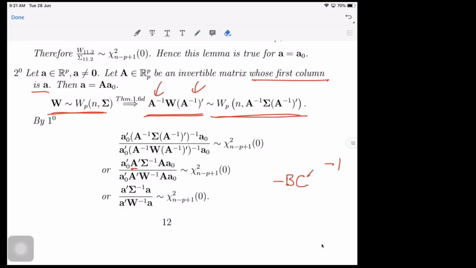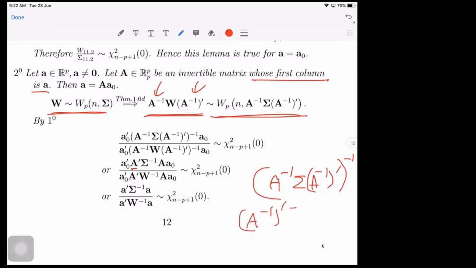But can we do this? Do you have a result something like that? Siya A inverse sigma A inverse prime. Common imong pag prime nimo na imo siyang A inverse prime inverse sigma inverse A inverse.